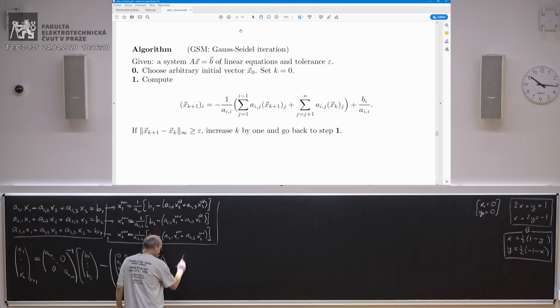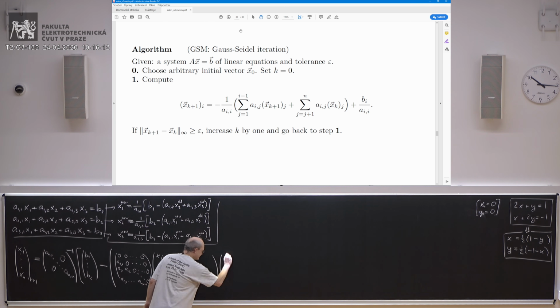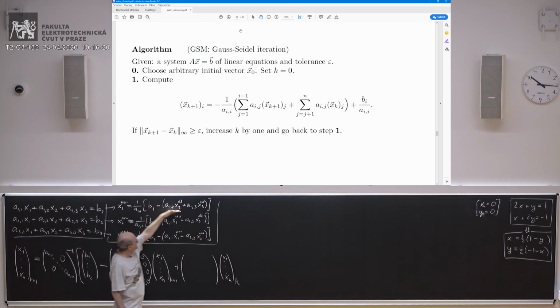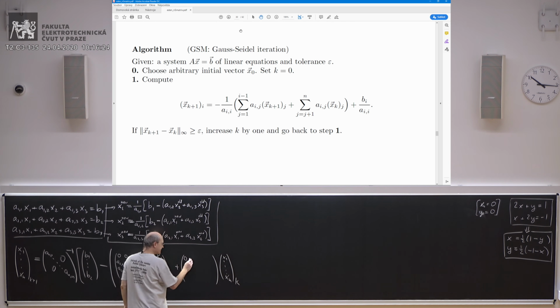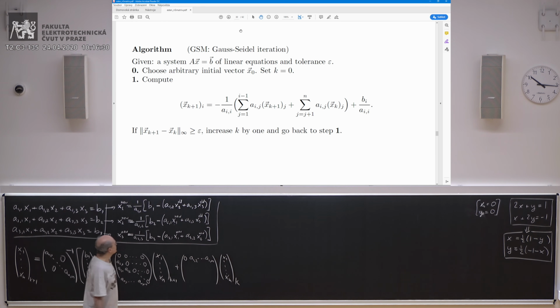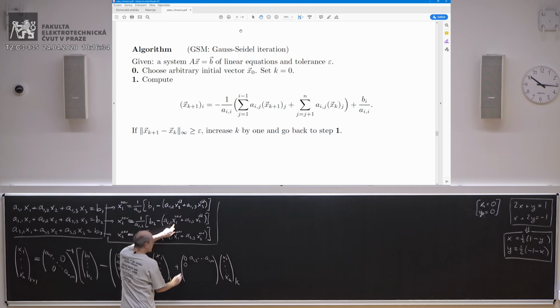Now let's see the old one. So that's the kth iteration of x1 through xn. For the first formula, I'm using exclusively the old version, apart from the diagonal term. So there is 0 here, and a12 through a1n. In the second row, I am using x1 in the new iteration, so there is 0 here.